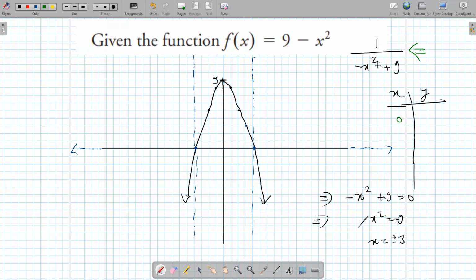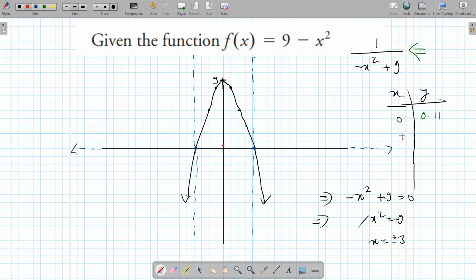Well, when x is 0, you can just ignore the 0, right? It's going to be 1/9, which is 0.11, actually. So for a reciprocal function, when x is 0, y is this.